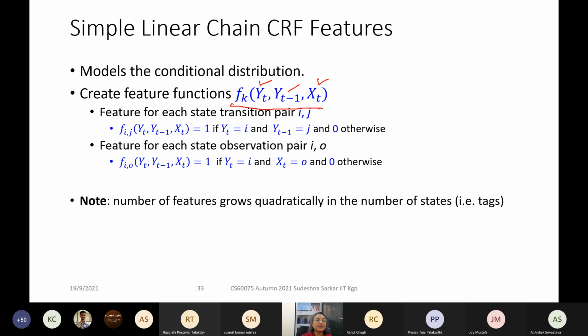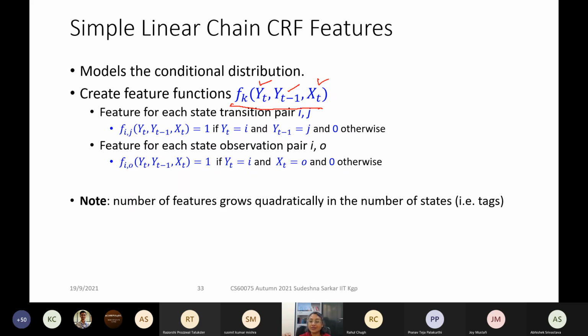We can have features which are only functions of y(t-1), or only y(t), x(t), or all of them. For example, if we follow the HMM model, we can have a feature that y(t-1) is noun and y(t) is verb. So this is capturing the noun to verb transition.